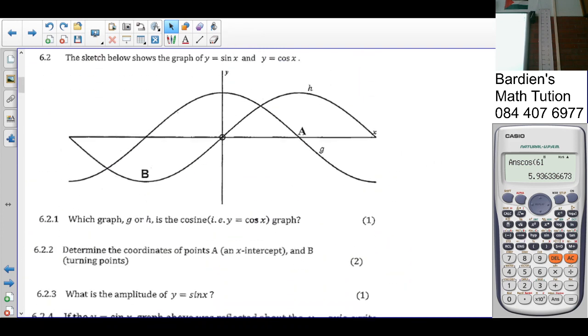Right, 6.2. The sketch below shows a graph of y equals sin x and y equals cos x. Which graph, G or H, is the cosine graph?